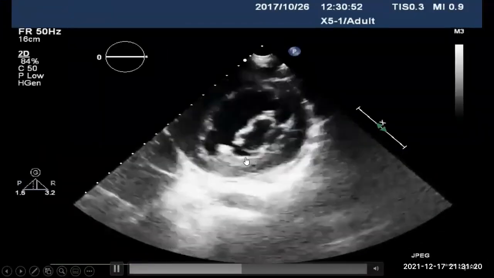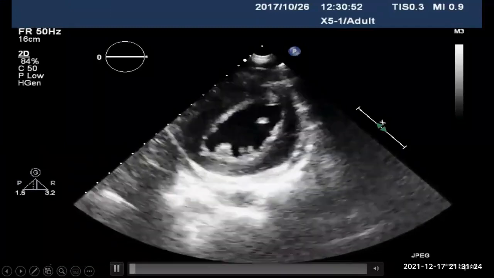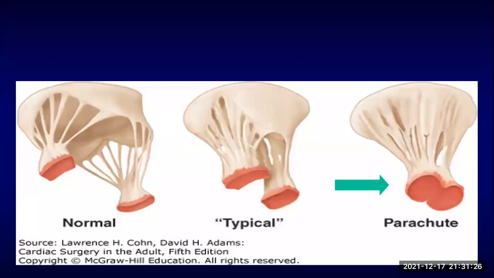The single papillary muscle with the parachute mitral valve. Okay, so this is the one and only with the fused, which is one papillary muscle.